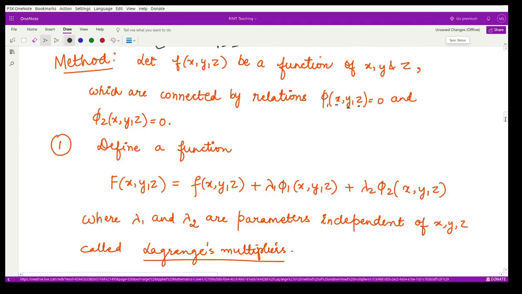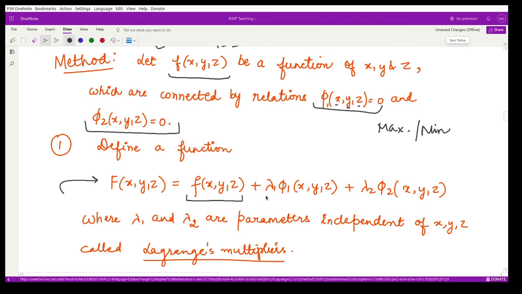So let us quickly discuss the method. The method says that if f of x, y, z is any function connected by 2 constraints, then in this case we have to find the maxima or the minimum value for the given function. So what we do, we define another function capital F, which is defined to be the given function plus lambda 1 times the first constraint and lambda 2 times the second constraint.